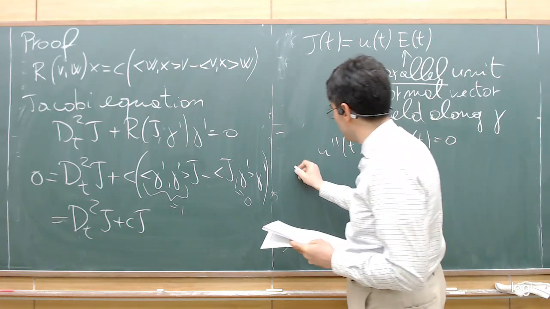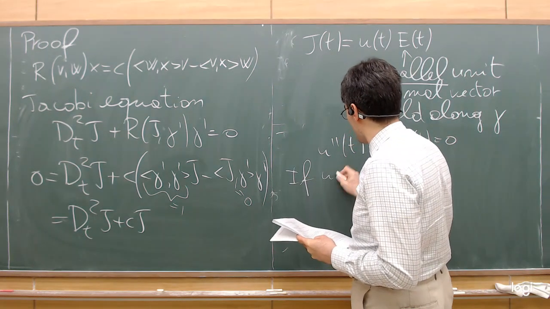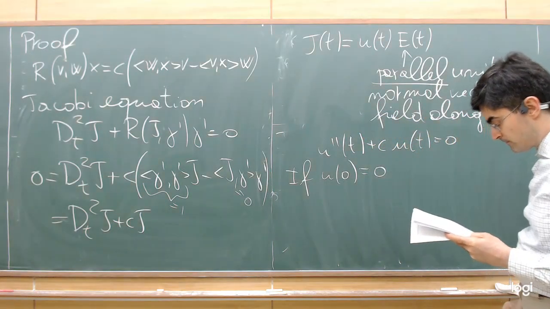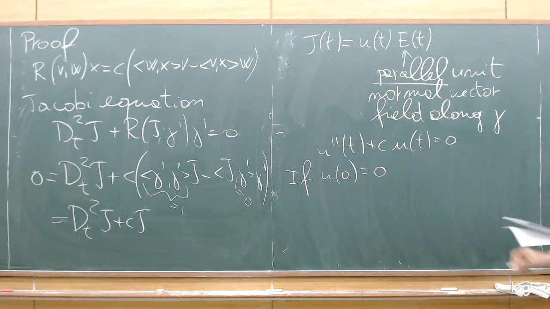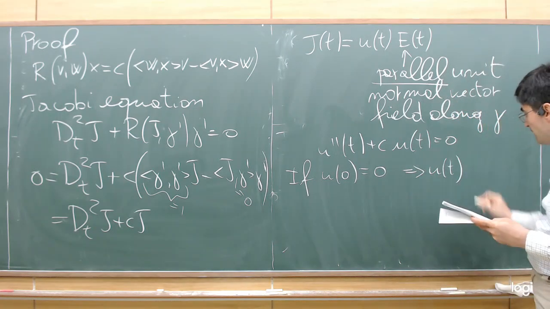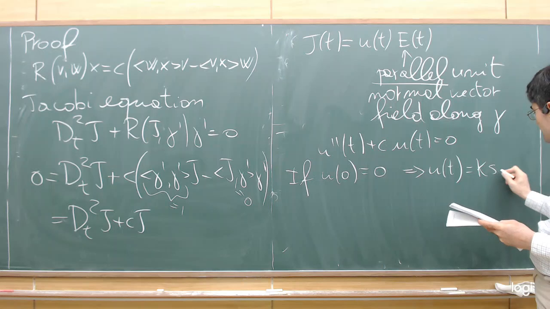So precisely if u(0) is 0, then u(t) is K sn_C(t).